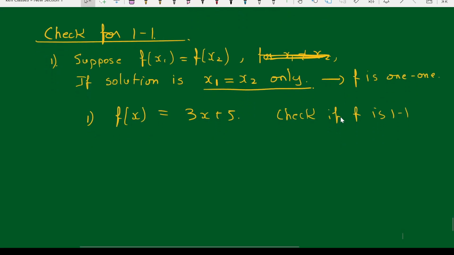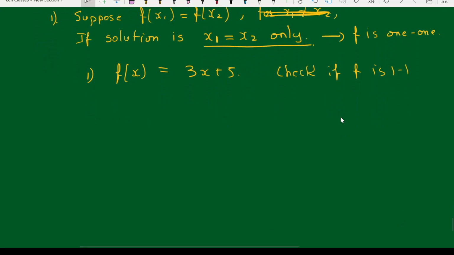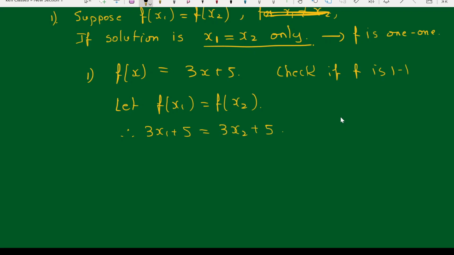So we have to check whether f is 1-1 or not. So what we will say is, let f of x1 is equal to f of x2. Let this happen and we will solve this equation. So therefore 3x1 plus 5 is equal to 3x2 plus 5.